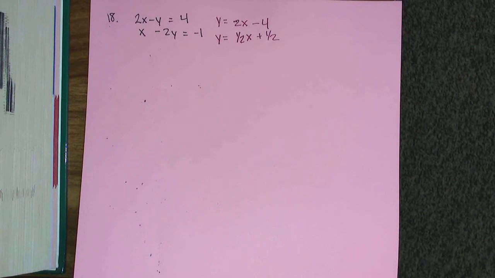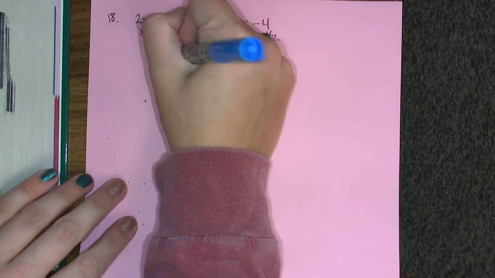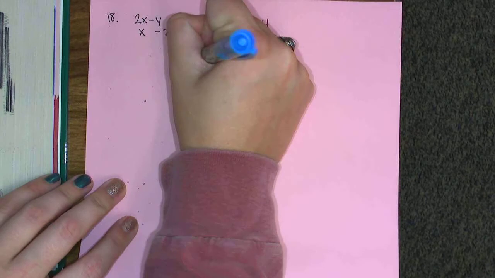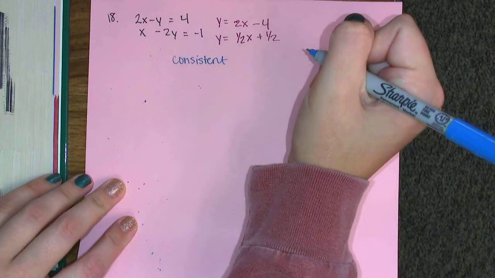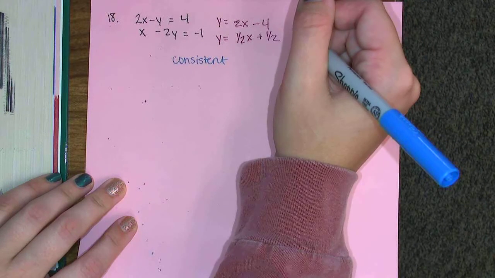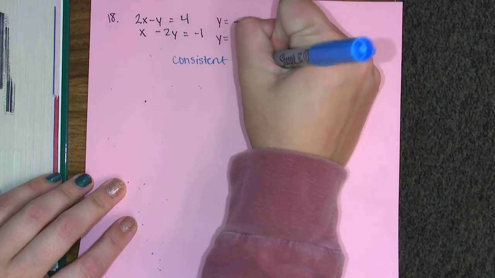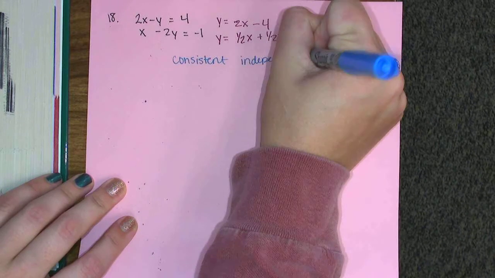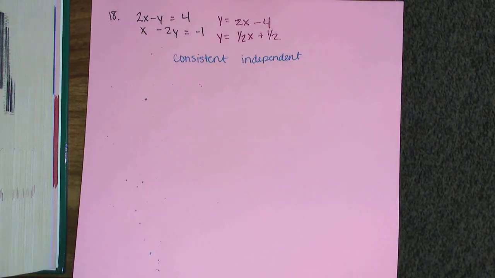What does that mean? Consistent or inconsistent? Consistent, and then is it independent or dependent? It's independent. Okay, consistent and independent.